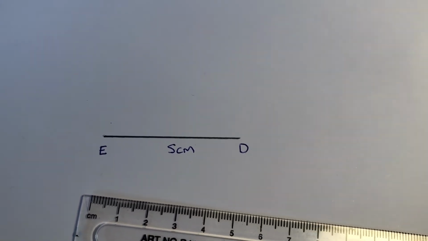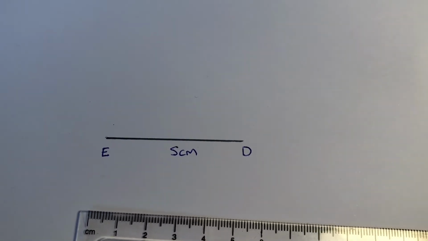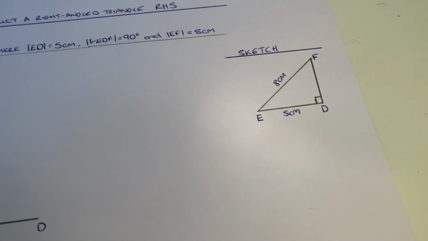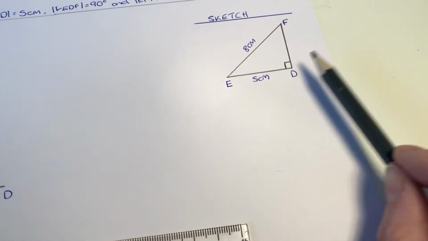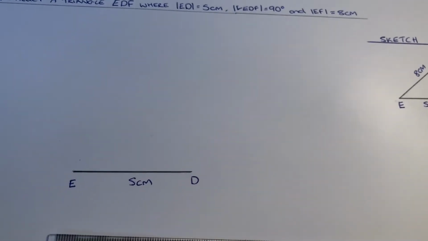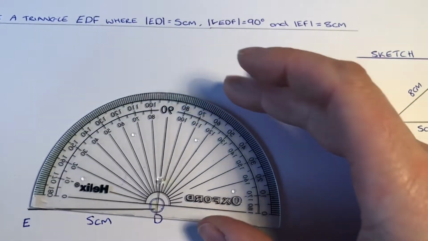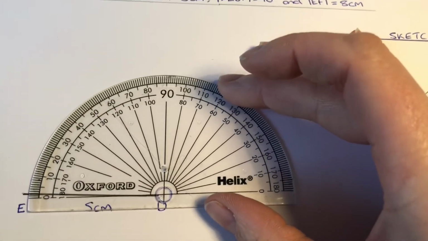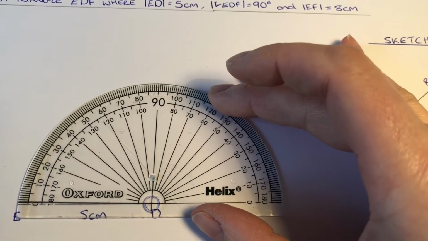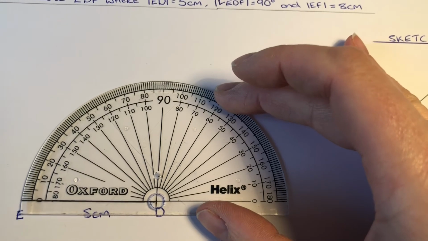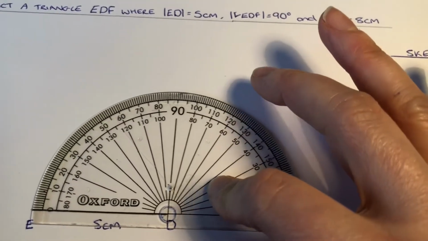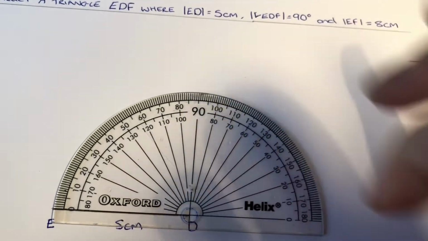So once we have the base, we're now going to do our right angle, which we know sits at D. So I'm going to use my protractor. If it's sitting at D, then I will have to have my center mark located exactly on D, making sure that the baseline of my triangle is exactly underneath the baseline of my protractor.